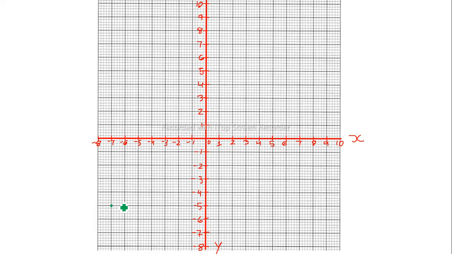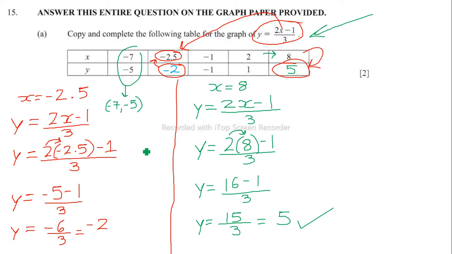All right. So next up, what's the next point? -2.5 for x and -2. I wouldn't plot this yet.